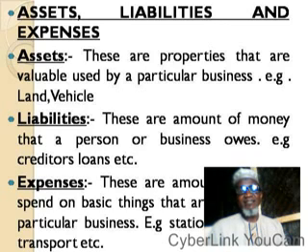When we say assets, assets are those properties that are valuable, used by a particular company or business owner. They are property owned by a business owner that are valuable to that very business.